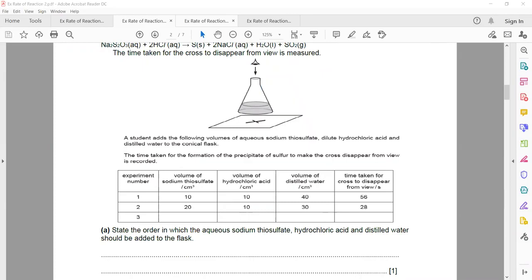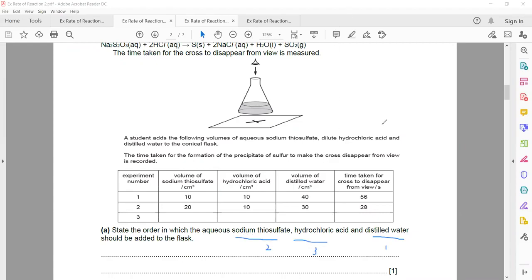So the order in which we should add: it should be thiosulfate first, then we can add distilled water, and then we can add hydrochloric acid. Or it can be distilled water first, then thiosulfate, then hydrochloric acid.